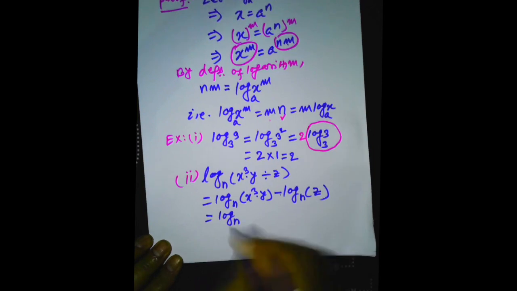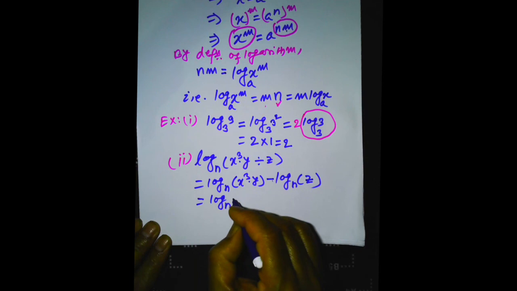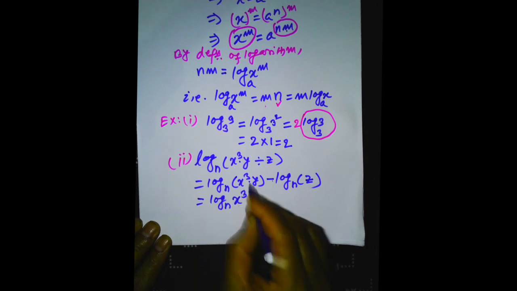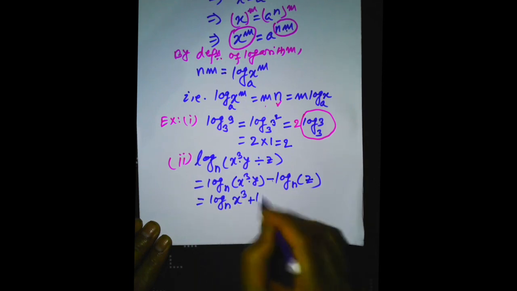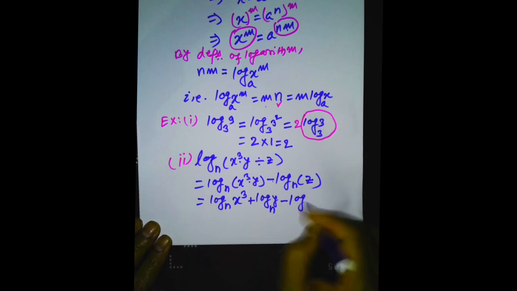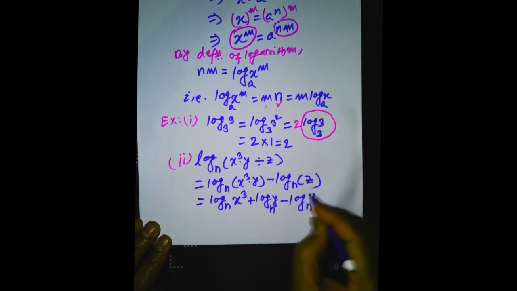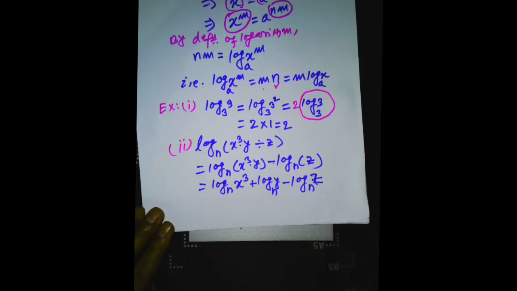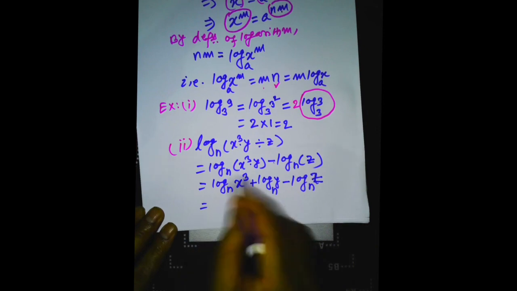the expanded form of the logarithm as log to the base n of x cube, and in place of the multiplication we write plus, then log y with base n, and we have already this term going on, so it is minus log z. Now you can apply the power rule.